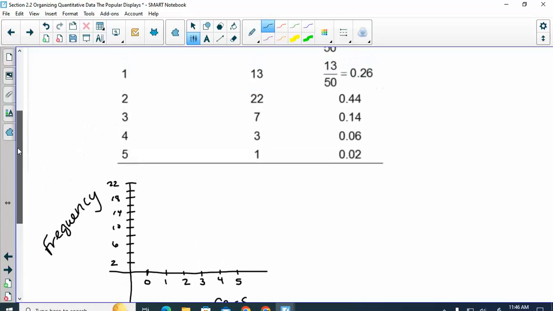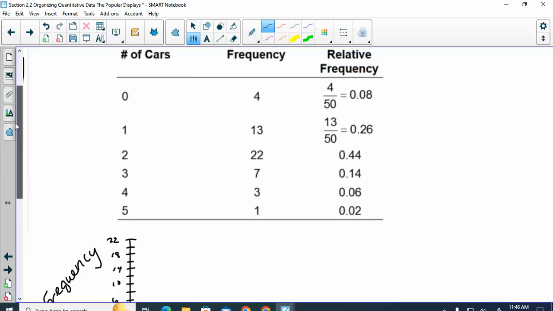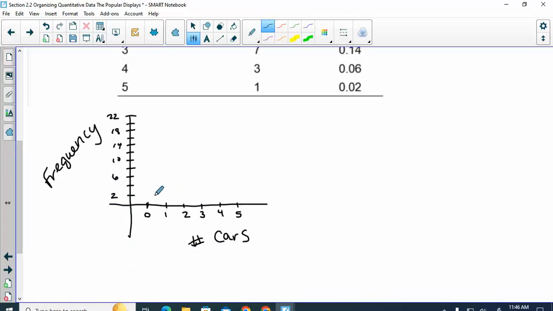So then we make our rectangles. So 0 cars happened 4 times. So what you do is you make a rectangle going around the 0. One car happened 13 times. So these rectangles are touching.